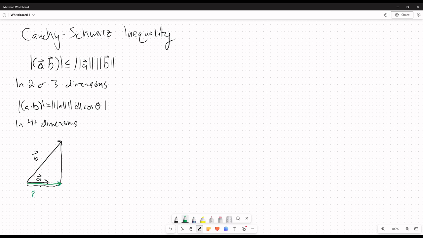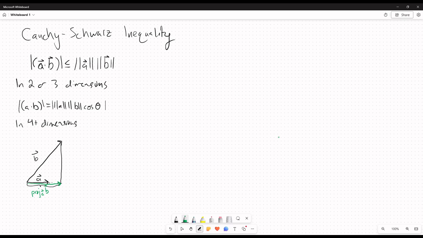This is the projection of B onto A. And you'll notice I'm drawing a picture in 2 dimensions. This is to give you the intuition, but the math works no matter how many dimensions, as long as you use the same projection formula as you do in 2 or 3 dimensions.